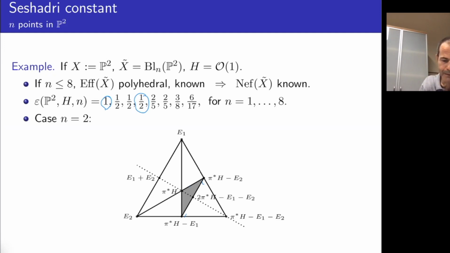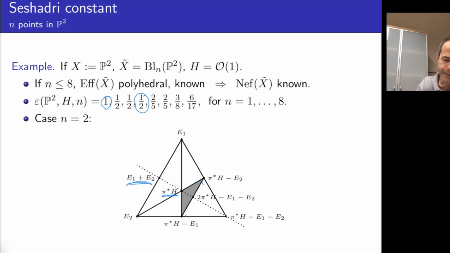So the extreme rays are the pullback of H and the strict transform of a line through the first point and through the second point. Here the dotted line is the plane generated by the pullback of H and the sum of E1 and E2.